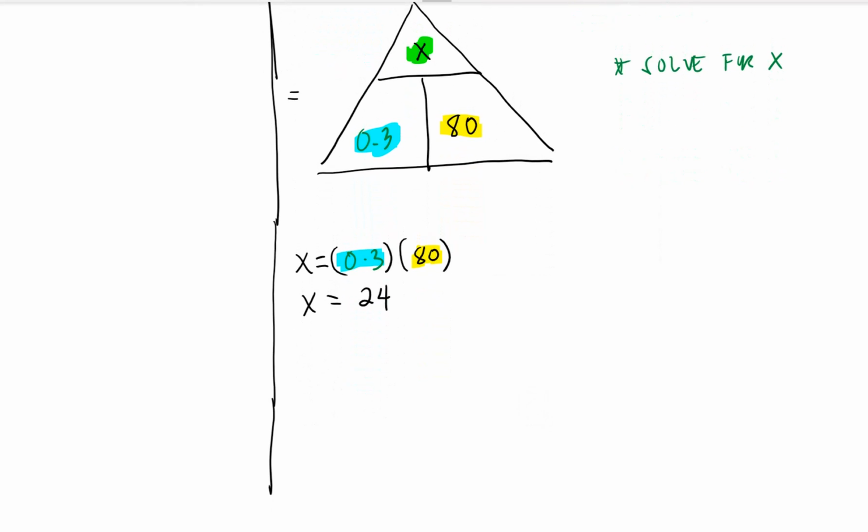So for your final answer, 30% of 80 is 24. Okay.